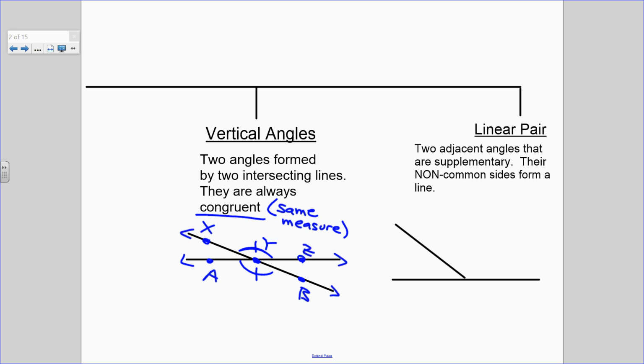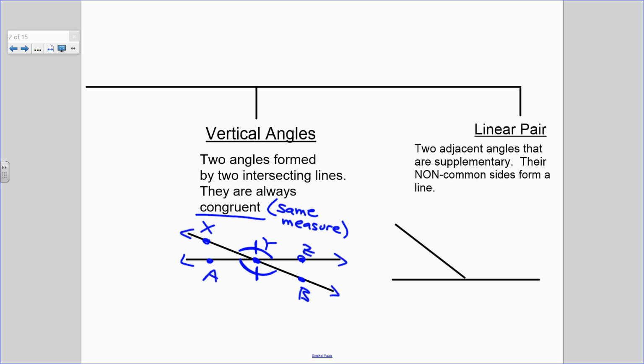And I put this little arc here with a little hash mark. That's usually the symbolism on a picture that tells you, look, these two angles are the same measure, the same degrees if you were to measure them. Angle XYZ, that's this angle, and AYB, they have the same measure. That's all congruent means.